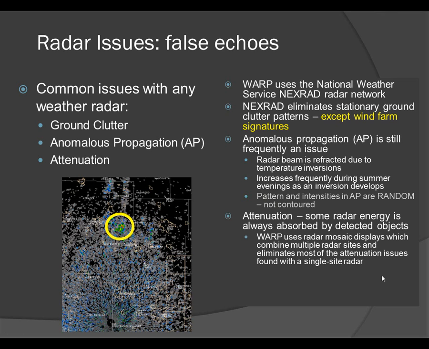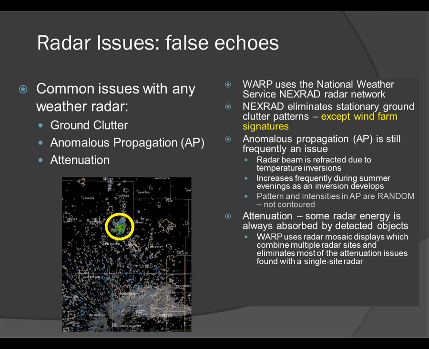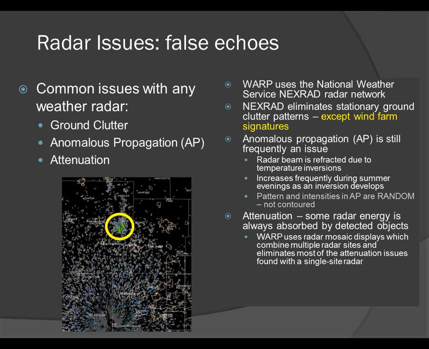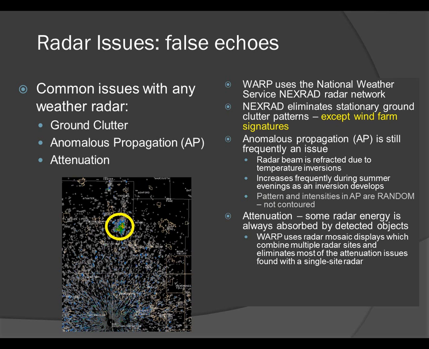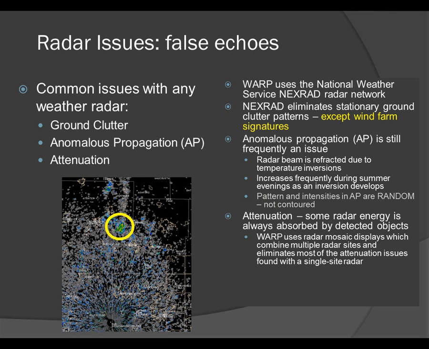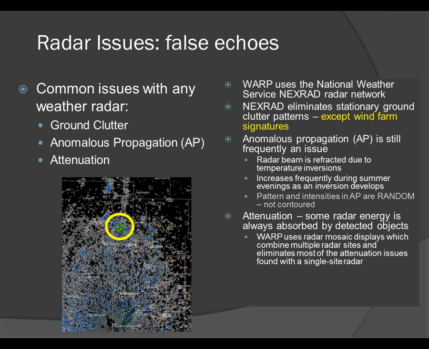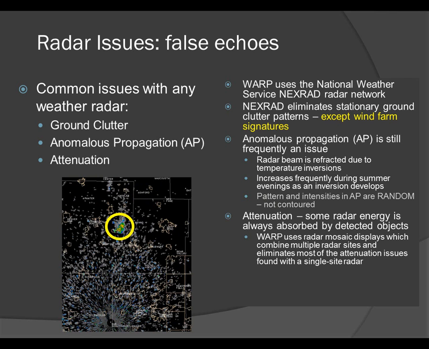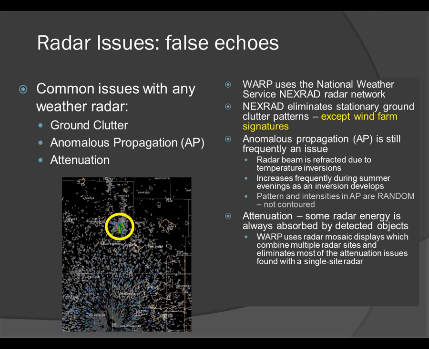Attenuation is where some radar energy is absorbed by detected objects. The WARP system that you're using uses mosaic displays, which combine multiple radar sites, so this eliminates a lot of the attenuation issues found with a single site radar.